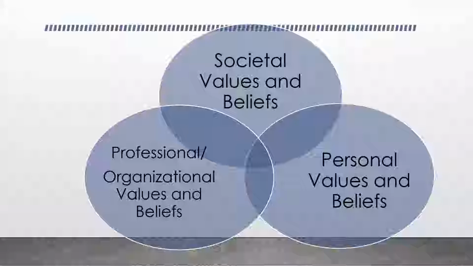These are ideas that are kind of ingrained within our society around how we should operate. And we've got our personal values and belief systems, which are often developed by our family, the culture of our family, and any other influences we have in terms of religious and spiritual as well.